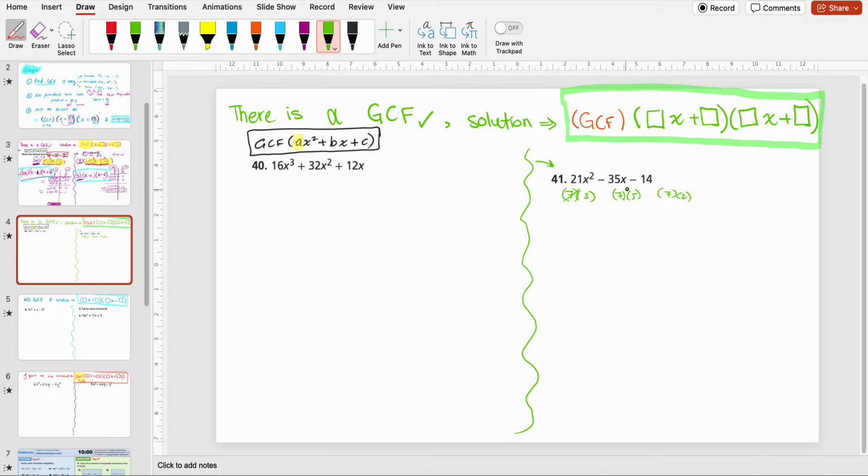So I'll take the 7 out, and I don't have a variable to take out because this one does not have a variable. So 7 is my GCF, take it out. Now what do I have left? I have 3x squared, negative 5x, and negative 2 without a variable. Now look, I have a number with x squared, which is not usual.